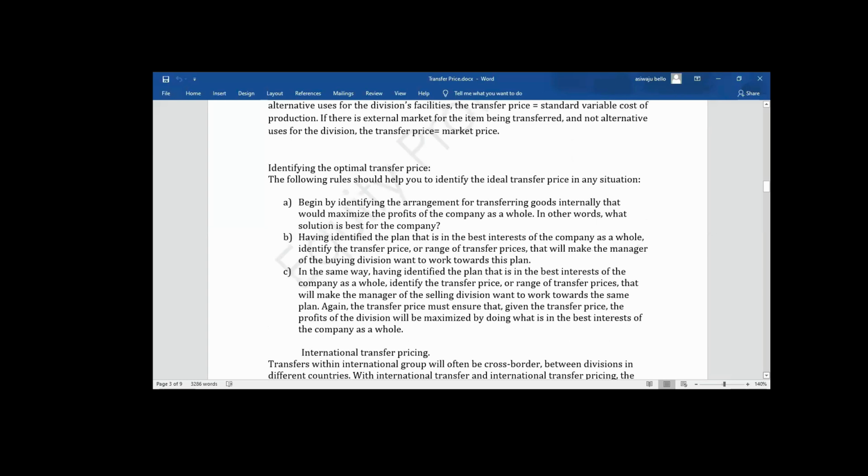Identifying the optimal transfer price. When we say optimal or optimum transfer price, that is the ideal transfer price, the best transfer price. How do we identify the optimum transfer price? The following rules should help us to identify ideal transfer price.